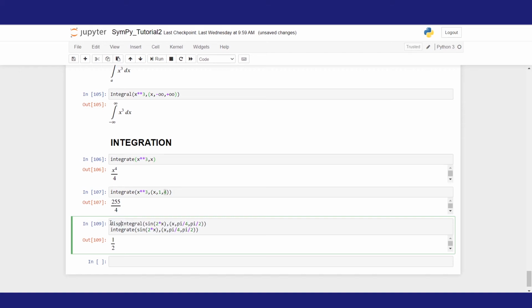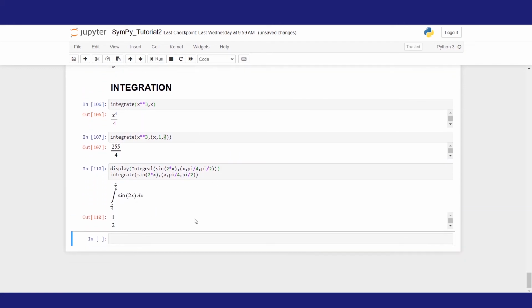Let's say display that, and we have right here the integral from pi over 4 to pi over 2 of sine 2x. That gives us a half. Okay, so basically this is how simple this is.